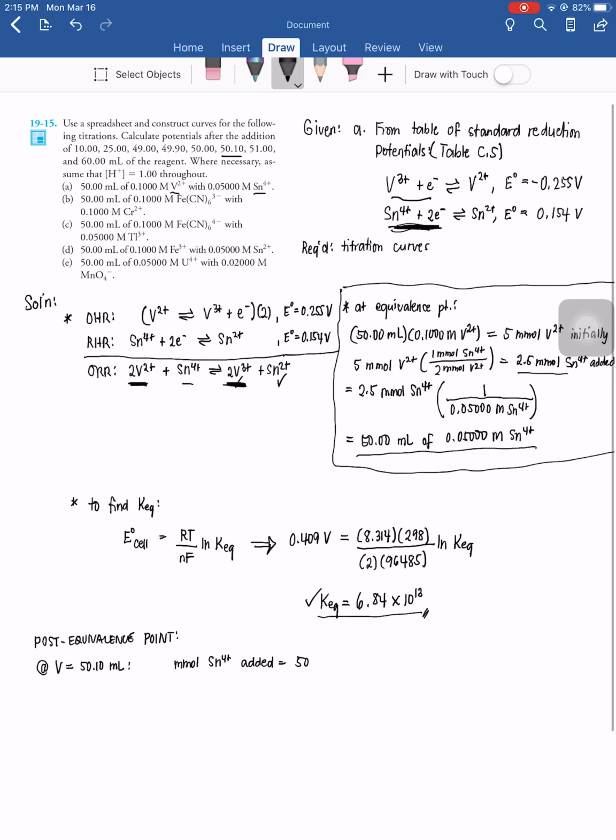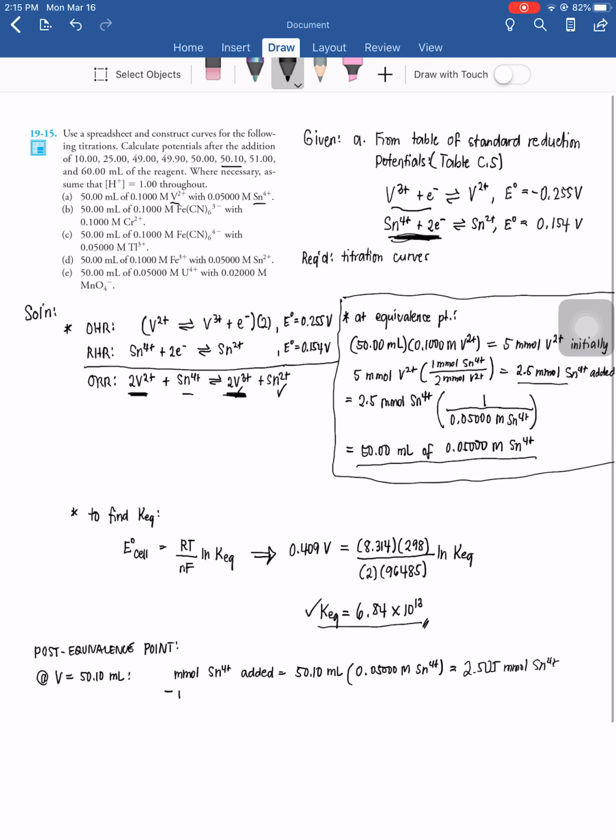So that's 50.10 ml times 0.05 molar of tin 4. So that is a total of 2.505 millimoles of tin 4.